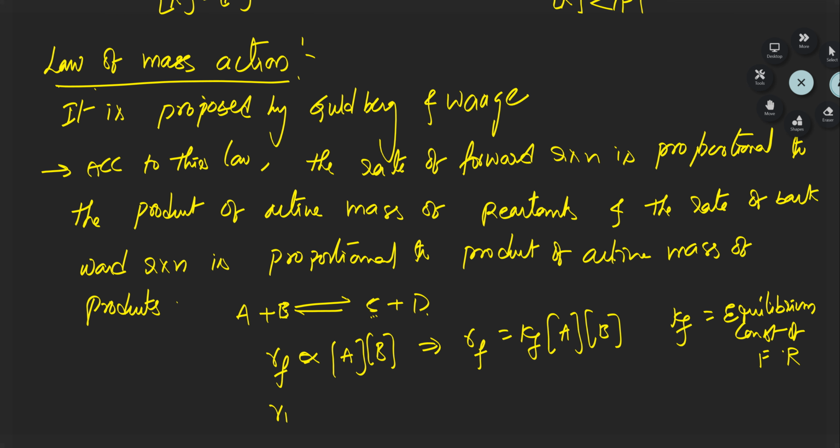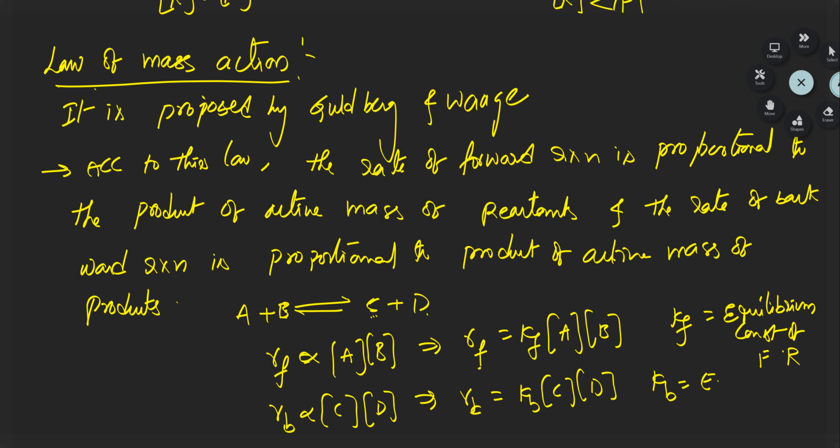Backward reaction, RB, is directly proportional to the concentration of products, [C] into [D]. So RB is equal to Kb into [C] into [D], where Kb is the equilibrium constant of the backward reaction.